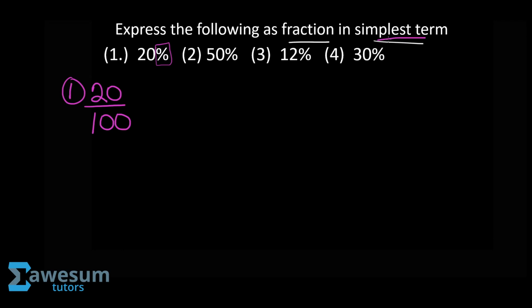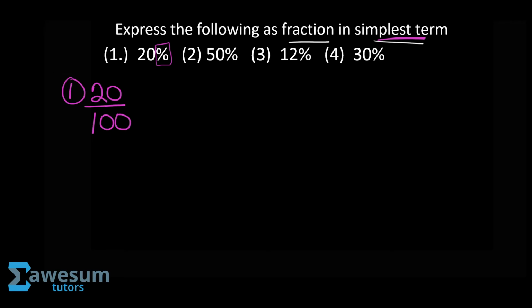Okay, so now you have been able to express this as fraction, but the question goes further by saying in its simplest term. And in one of our videos also, check the link below, we explained simplification of fractions. So we need to simplify this. You need to look for common terms that can divide this number.